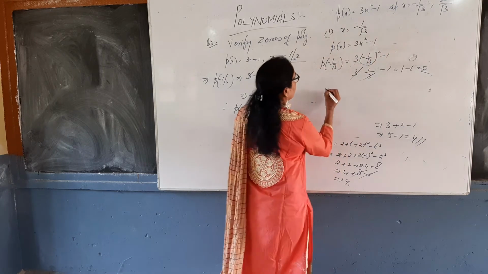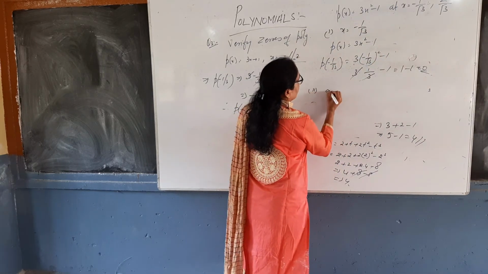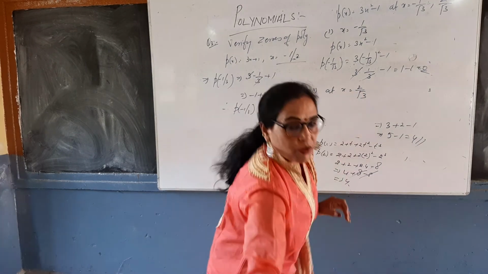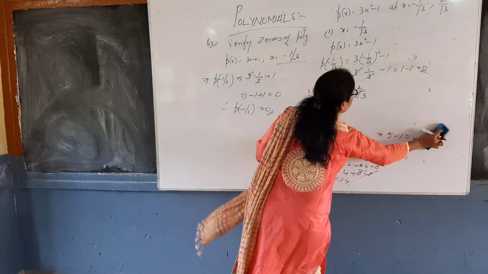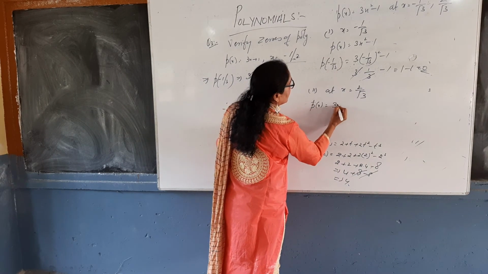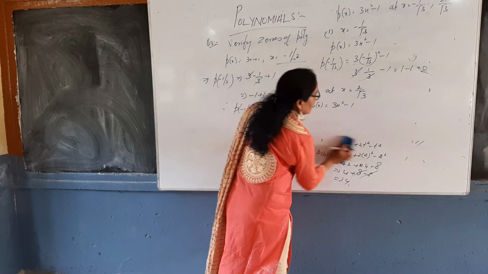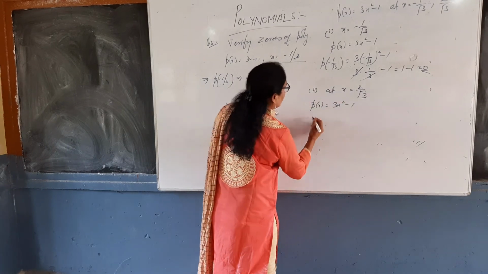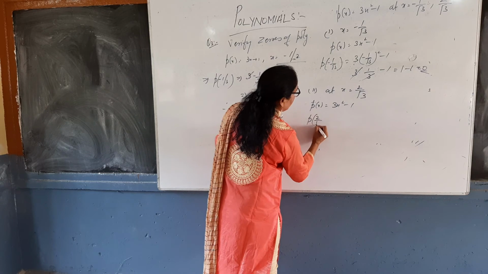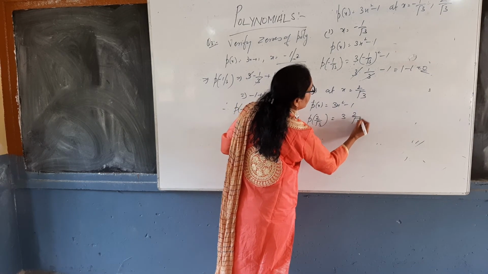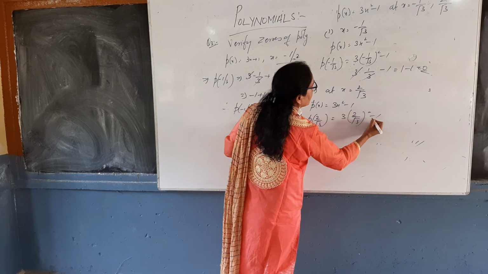Next is the second part, at x equal to 2 by root 3. Again Px is equal to 3x square minus 1. So replace x by this value. P of 2 by root 3 is equal to 3 into 2 upon root 3 square minus 1.